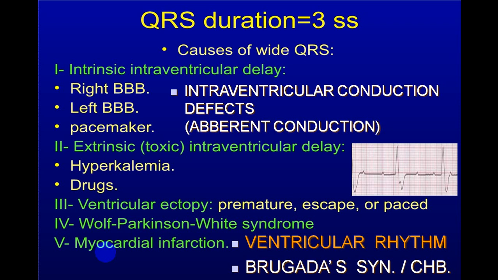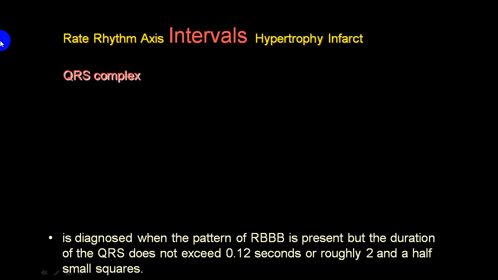In all ventricular rhythms, as I already mentioned, ventricular premature beat, escape beats, ventricular tachycardia, idioventricular rhythm, accelerated idioventricular rhythm, you will also have a broad QRS complex. In Brugada syndrome and complete heart block, AV dissociation also, you will have a broad QRS complex. So there are a lot of conditions with a broad QRS complex. We'll cover all those.